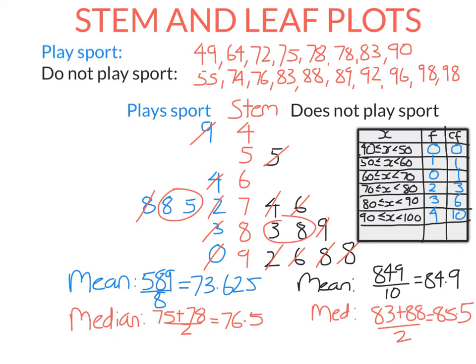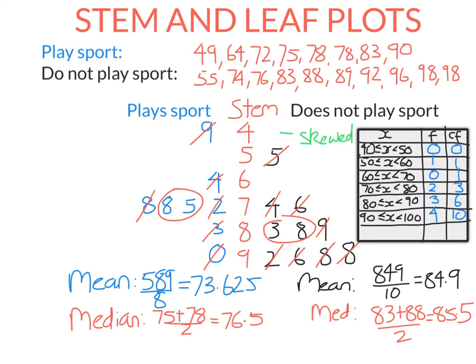Stem and leaf plots are almost like histograms on their side, so we can tell the skewness very easily. For the does not play sport group, you can see that there are many more scores closer to the maximum. So the data here is negatively skewed: scores clustered around the maximum, in other words, more high scores, is negatively skewed.